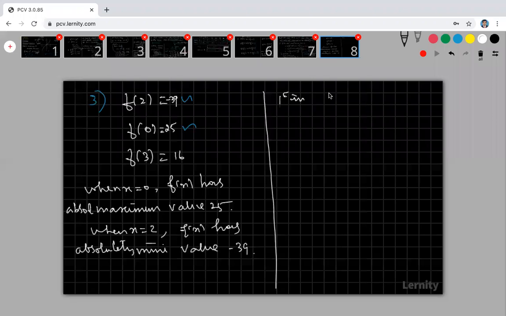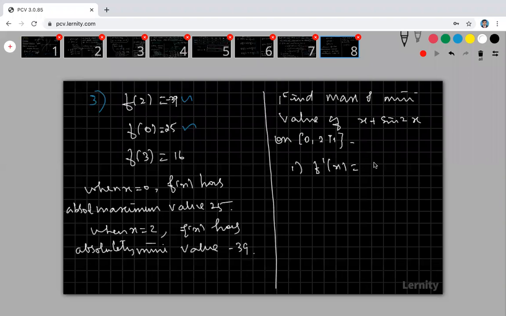Find the maximum and minimum value of x plus sine 2x on the interval 0 to 2 pi. What is your f dash of x?